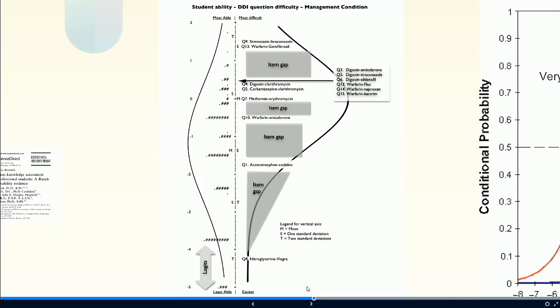We invented this scale where we could measure their ability to recall which drugs interact. That's important to all our health professions that are involved with pharmaceuticals one way or the other. The easiest item is down here, nitroglycerin and Viagra. Everyone got that right in all the professions. Why would that be?